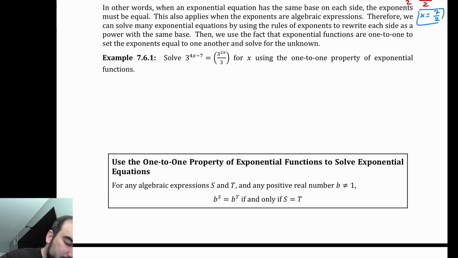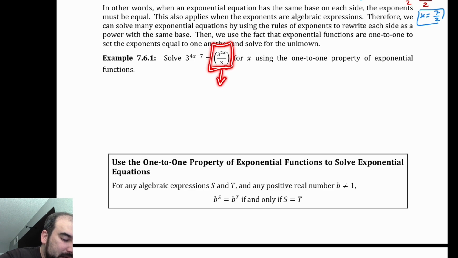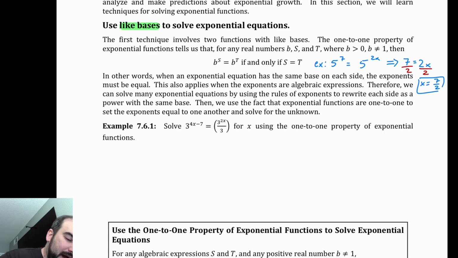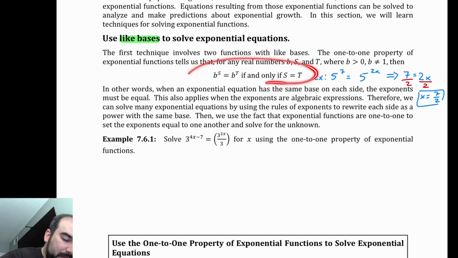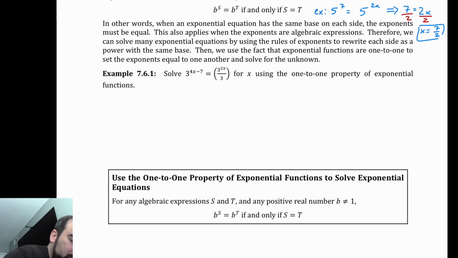So what we can do is focus on the right side and rewrite it in a way that it is just 3 raised to some power, and then we'll have 3 raised to something equal to 3 raised to something else, and we can get rid of those bases using this idea from here. So the left side we're going to leave alone.